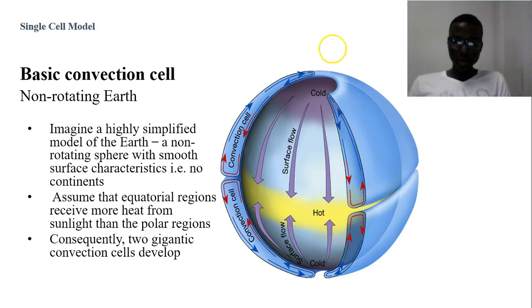So as it reaches the polar regions here, it will start to sink because the conditions are cold. There's cold air, and cold air will want to sink and form the high pressure system here, and then it will start to move back towards the equatorial regions, and we'll end up having that huge convection cell in the northern hemisphere and in the southern hemisphere.